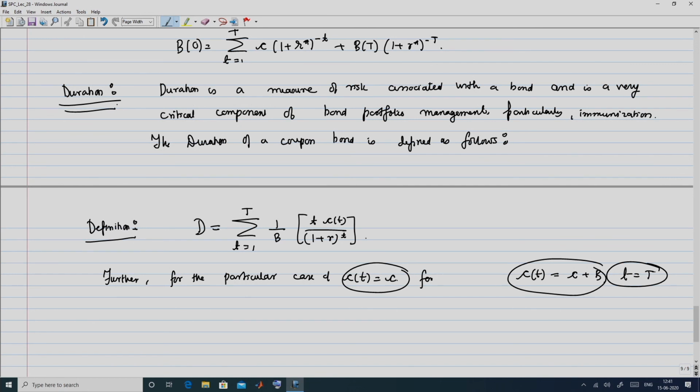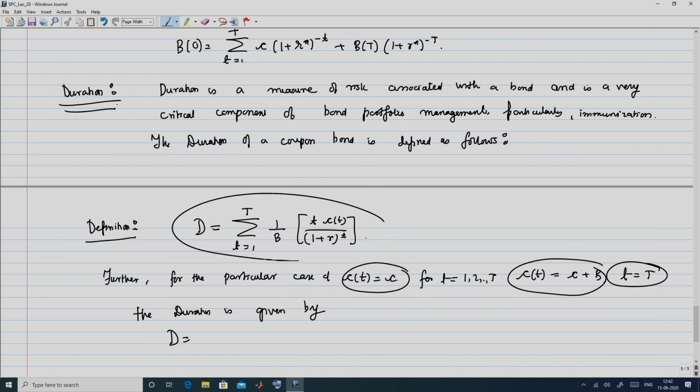So, C of t is equal to C for t equal to 1 all the way to capital T, then the duration is given by d.